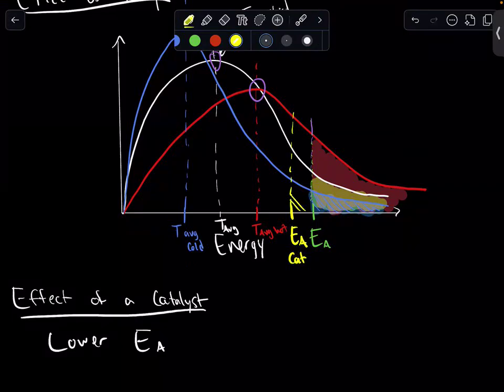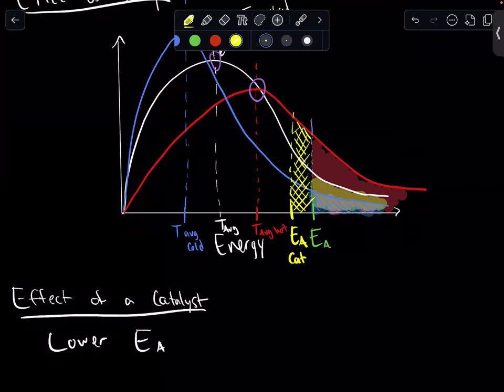And now you have all these particles that have enough energy. So catalysts are really shown on a Maxwell-Boltzmann distribution curve to show their effect because by decreasing the activation energy, there are a lot more particles that now have enough energy to react.